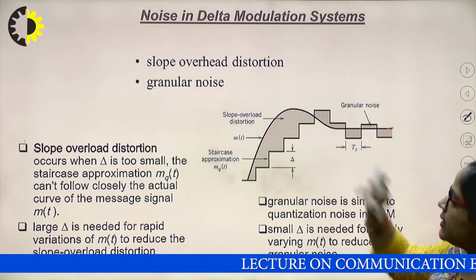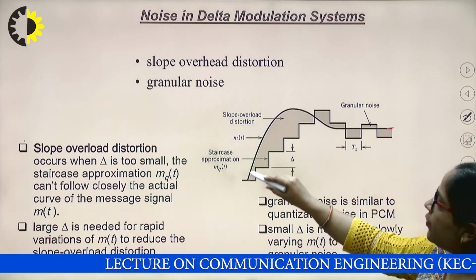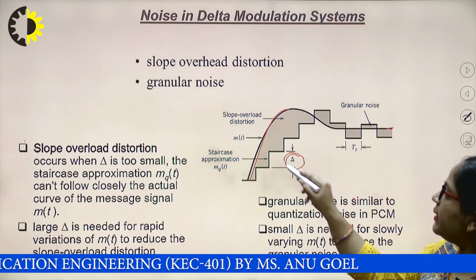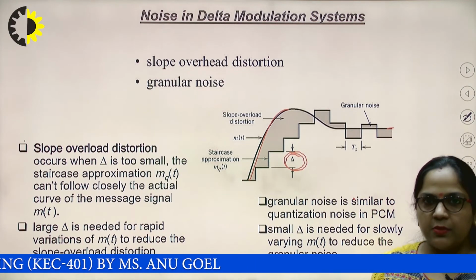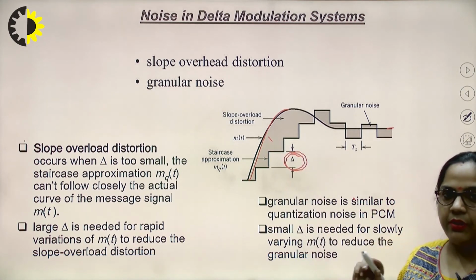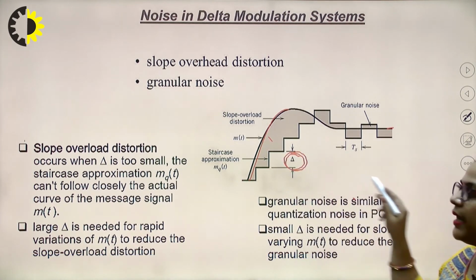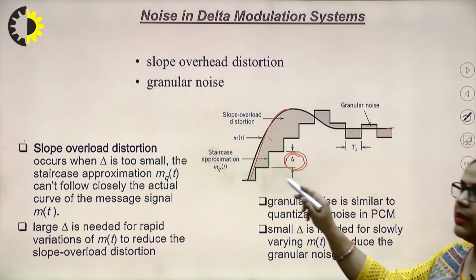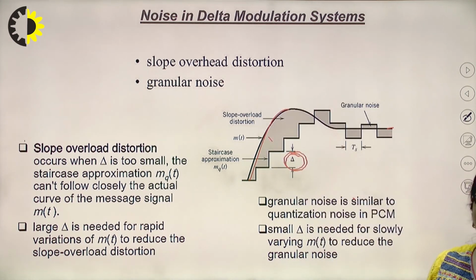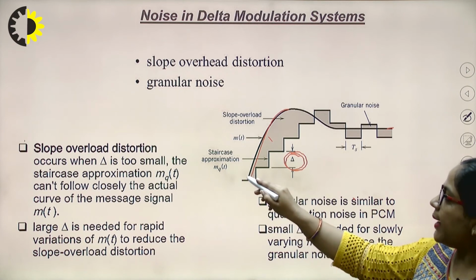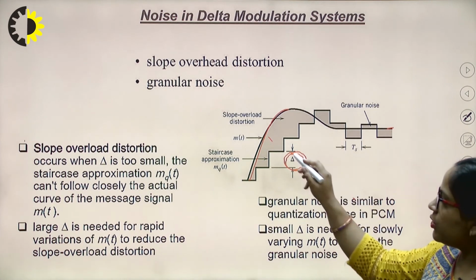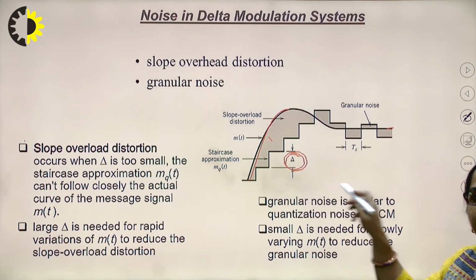Here our information is varying quickly, but because we have fixed the step size, which is very small, it may not be able to follow the varying information, and at the output we will keep on getting the same output from the delta modulator. What should happen? As our information content is varying, the output should also vary. But because of a small step size, we will keep on getting the same output.